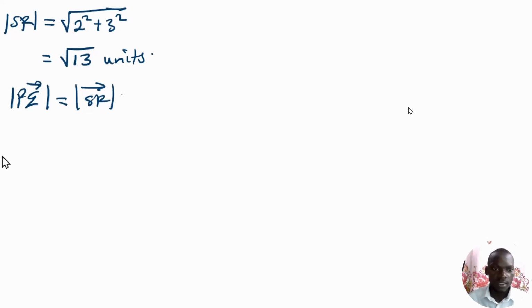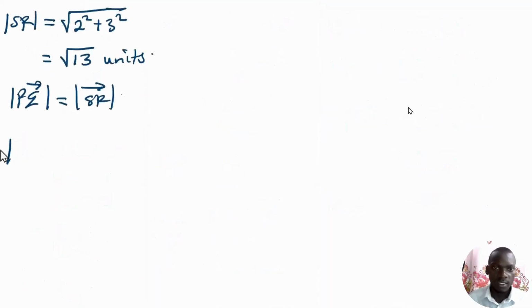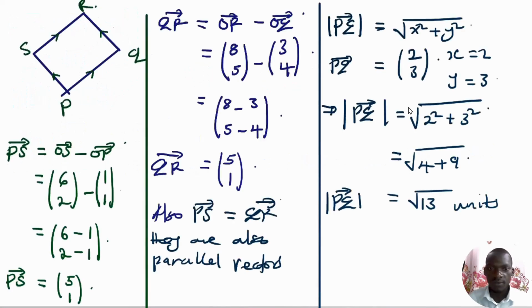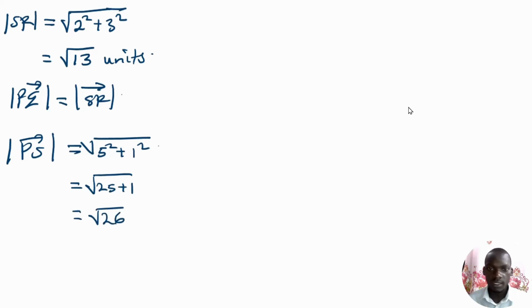Let us also calculate the magnitude of vector PS and compare it with the magnitude of vector QR. Remember, our vector PS is (5, 1). So we have the square root of 5 squared plus 1 squared, which gives the square root of 25 plus 1, the same as the square root of 26 units.